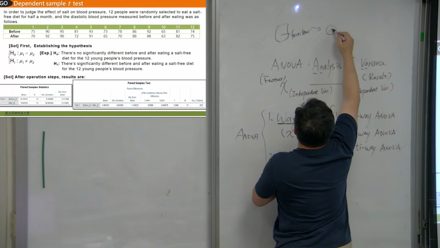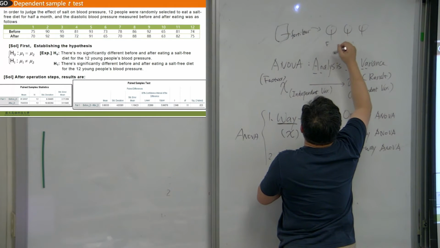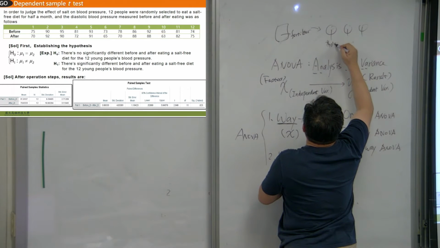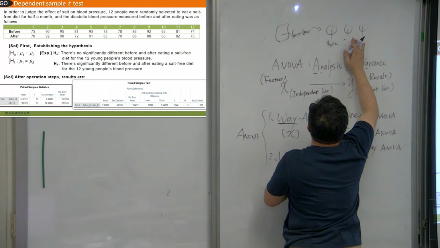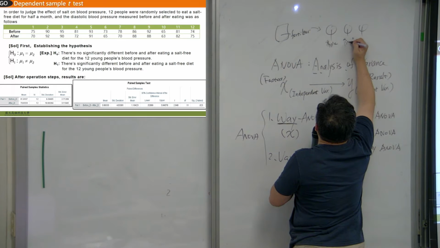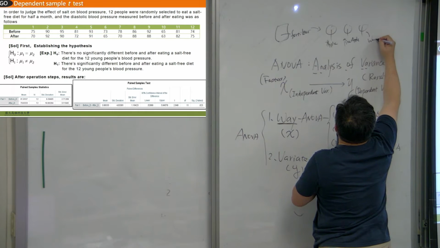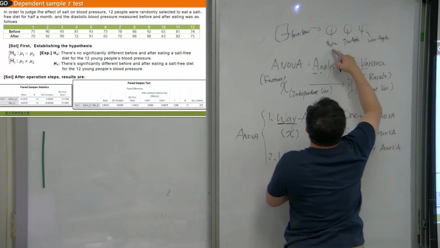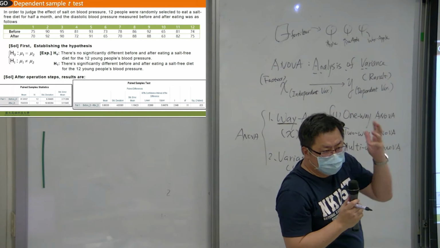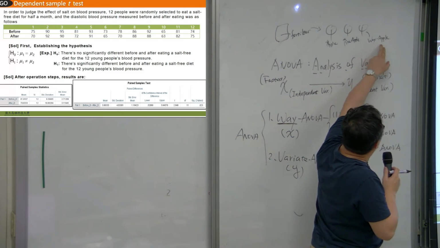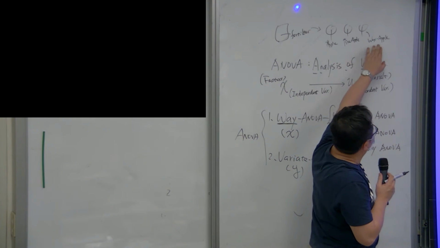I plant 3 fruits. Maybe first is the apple. Second is pineapple. The third is wax apple. Apple, no problem. Pineapple, no problem. What is wax apple? You understand? Uncle, do you know what a wax apple is?